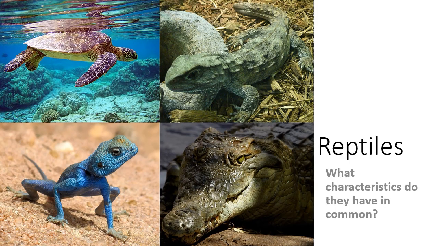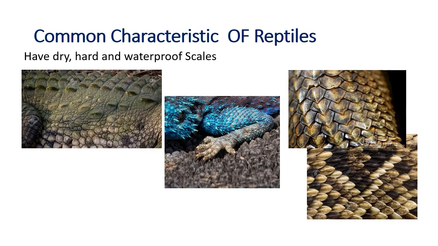Reptiles. What characteristics do they have in common? Here I have a few examples of the animals. From their body alone, can you tell what their similarities are? Here are their common characteristics. If we take a look closely, all of the reptiles have scales, the things that cover their body.